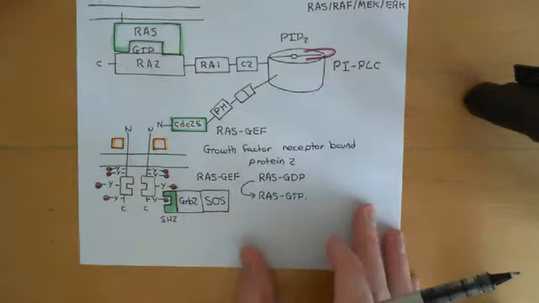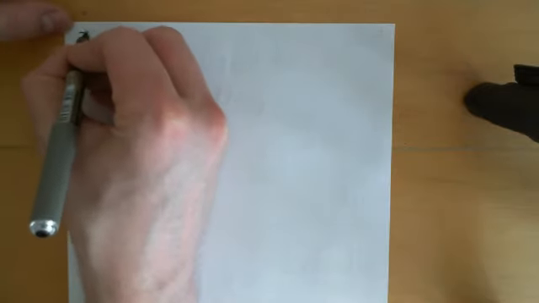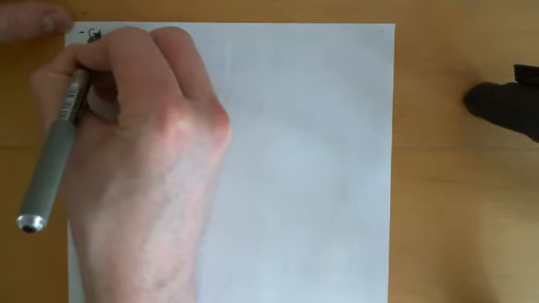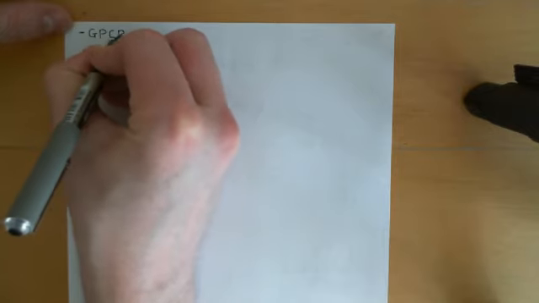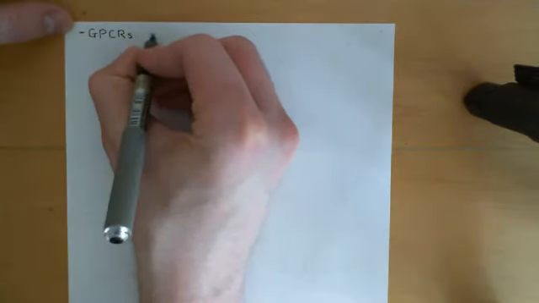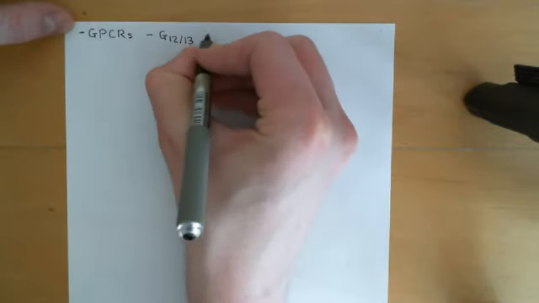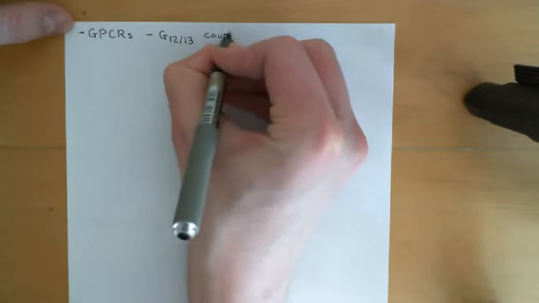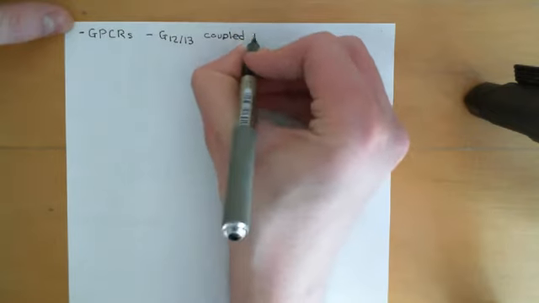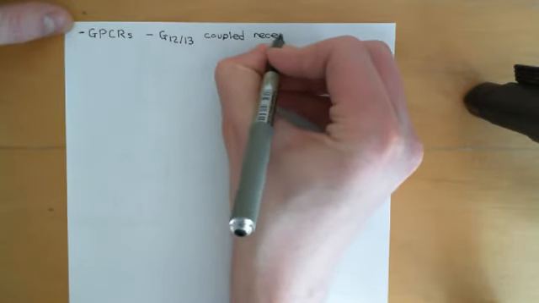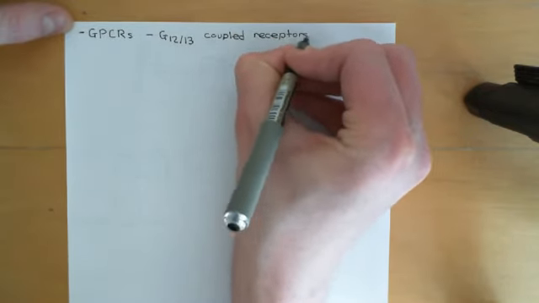Okay, there is, however, another way which I now want to mention, which is that you can also do it for G protein coupled receptors, but through very rare G protein coupled receptors. The G protein coupled receptors that we are about to discuss are G12/13 coupled G protein coupled receptors, which are coupled to heterotrimeric G proteins with alpha 12 or alpha 13 subunits.